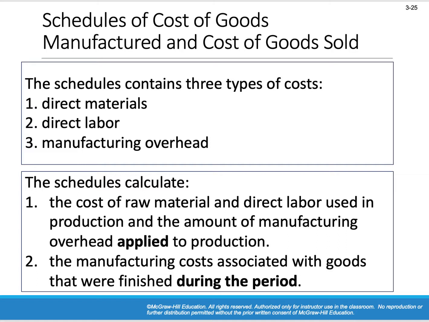We know that those are our manufacturing costs, and we also know that for financial statement purposes, we call those product costs. Okay, so we're still working with the same material, right? We're still looking at the three major costs, or manufacturing costs, really.